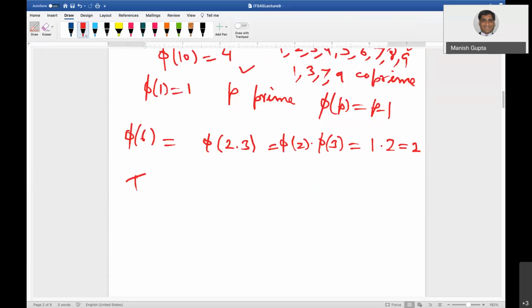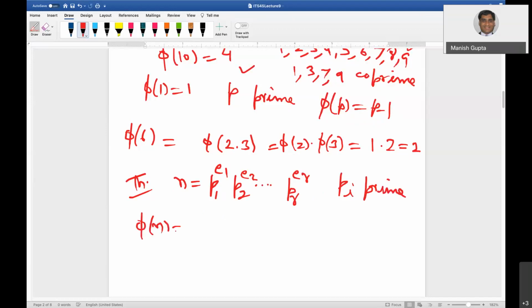There is a theorem that if n is an integer like p1 raised to power e1, p2 raised to power e2, dot dot dot, pr raised to power er, a product of primes where the pi's are prime numbers, then phi of n is nothing but p1 raised to power e1 minus p1 raised to power e1 minus 1, and so on, up to pr raised to power er minus pr raised to power er minus 1.